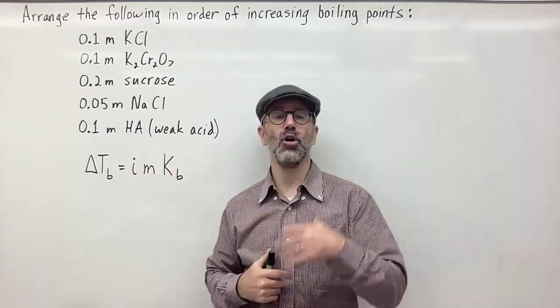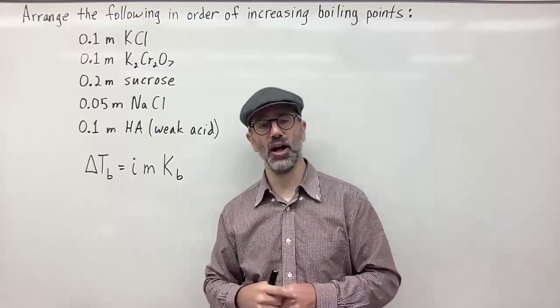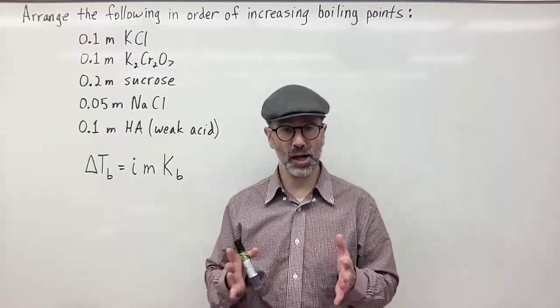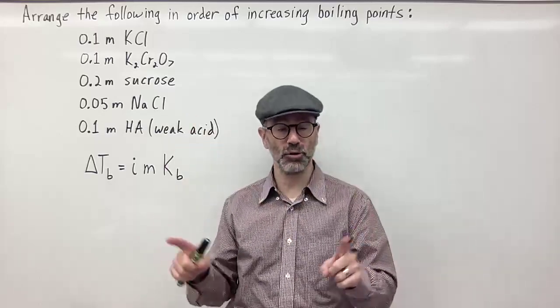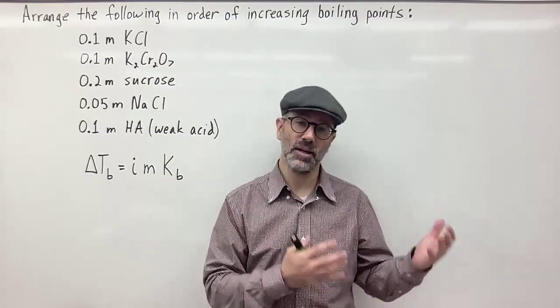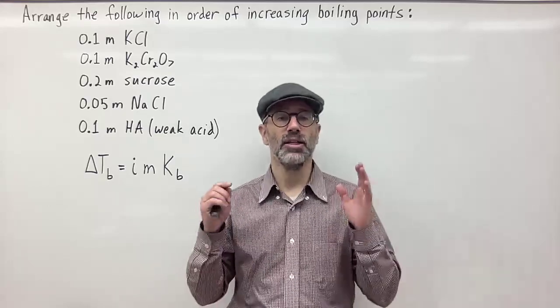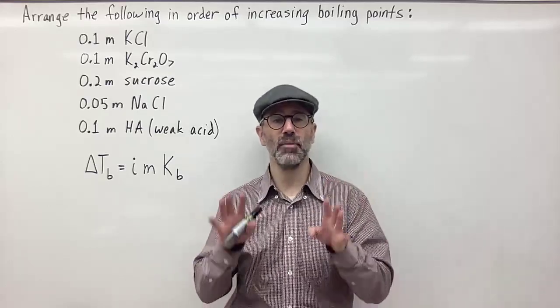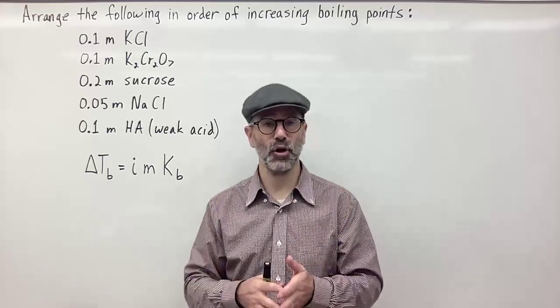So even though on the bottle it will say 1 mole of KCl, in reality I actually have 2 moles of particles. The boiling point elevation, the freezing point depression, and other colligative properties depend on just the number of particles in solution, not the identity of those particles.